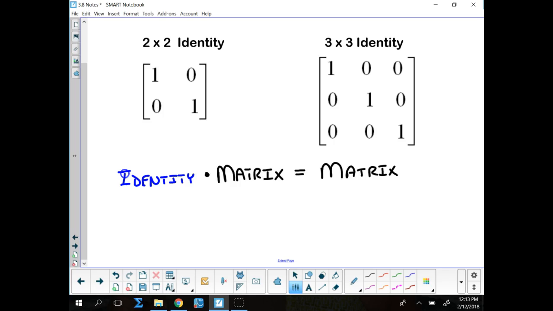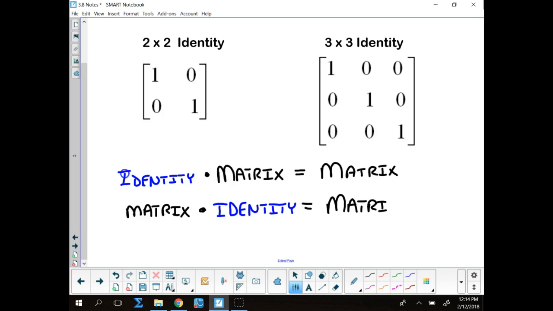Now, here's the other cool thing about identity matrices. If I take the matrix and I multiply it by the identity, so if I switch the order, it still works out.